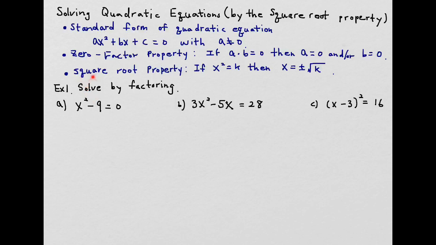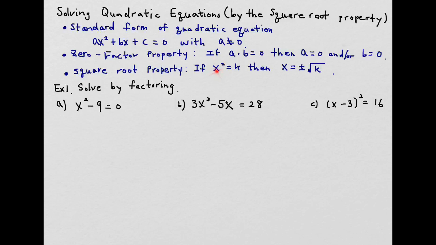The second method we're going to go over in example 2, the square root property, is: if x squared equals k, then x equals plus or minus the square root of k. Which means if you have x squared and are trying to solve for x, we should be able to get rid of the square by using square roots.